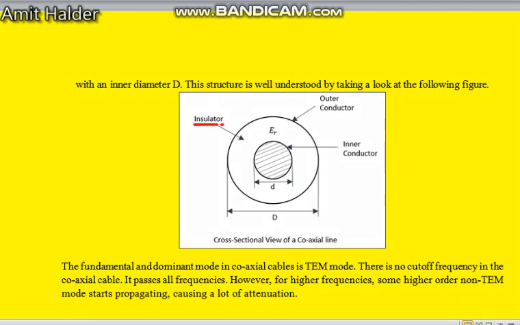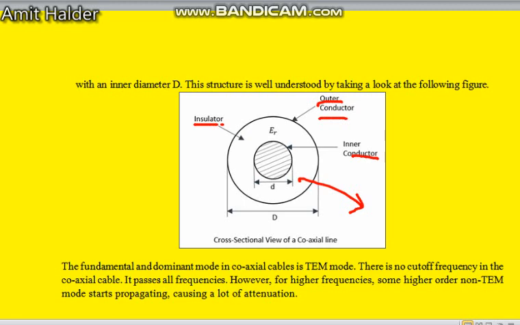The central part is made of a highly conductive material, the inner conductor, and the outer conductor is less conductive than the inner conductor. Between them is the dielectric, which has a dielectric constant.